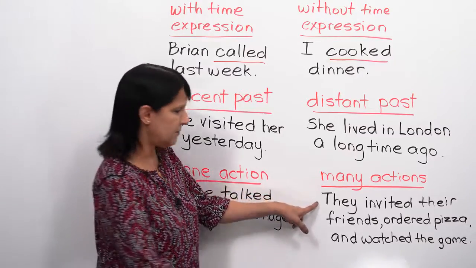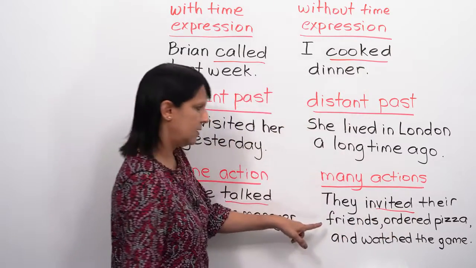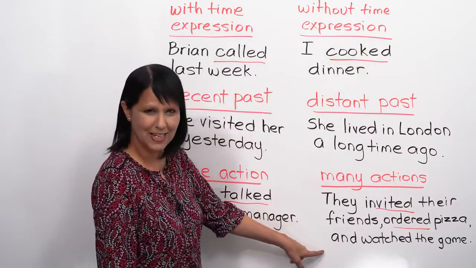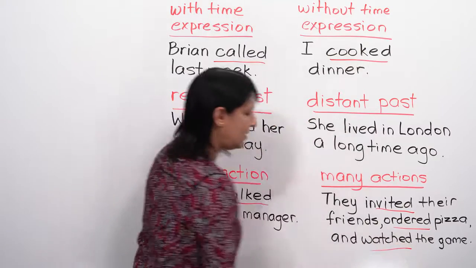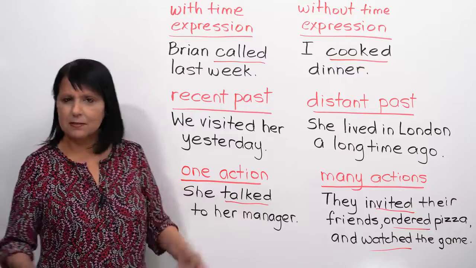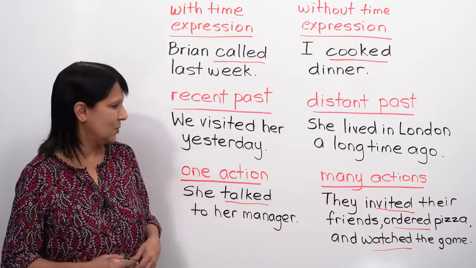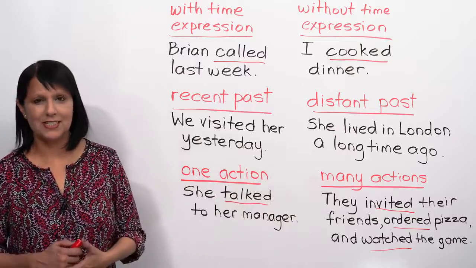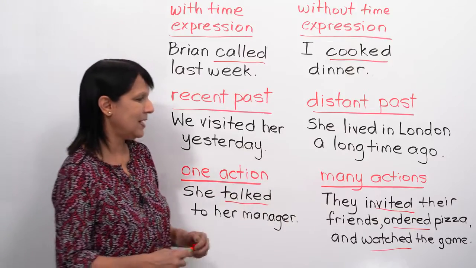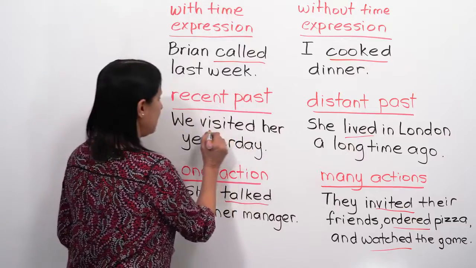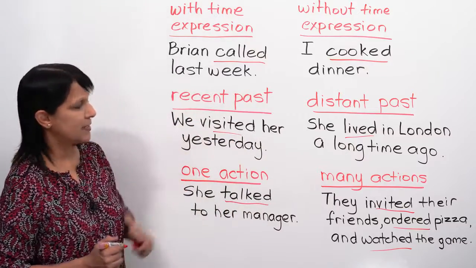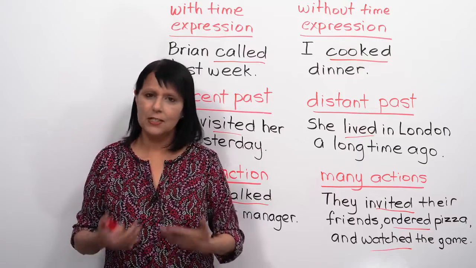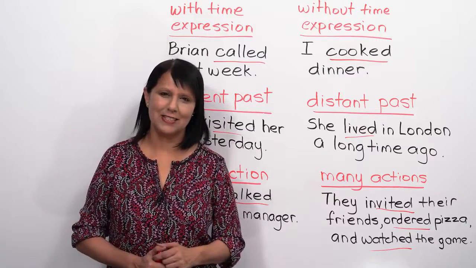They invited their friends, ordered pizza, and watched the game. Okay? So here we have 3 verbs. Doesn't matter. You can have as many verbs as you need to, and it's not a problem. Most of the time, once you start in the past simple, you're going to stay in that tense though, okay? And here we have the other verbs in our examples. So these are the main situations in which you can use freely and easily the past simple tense.